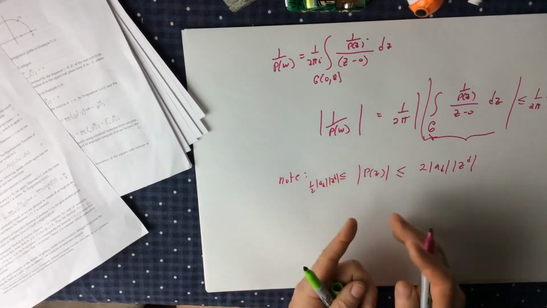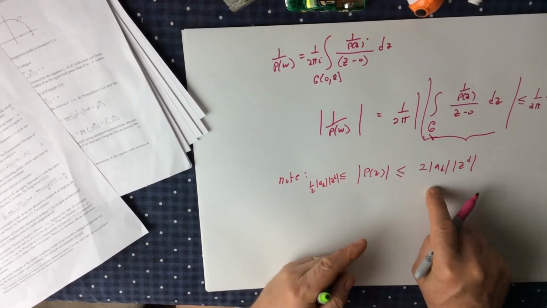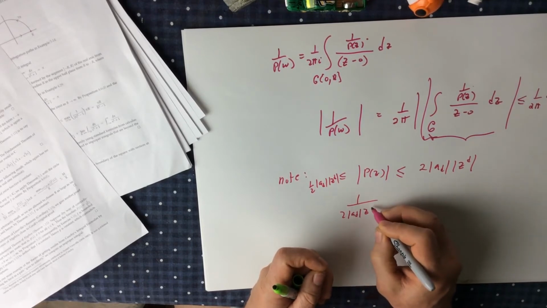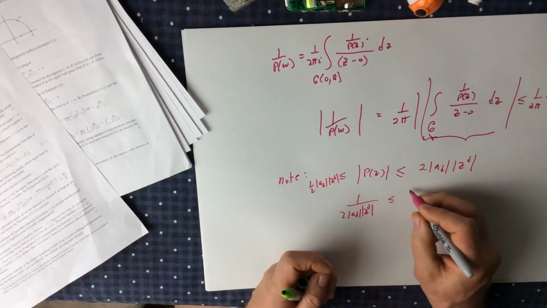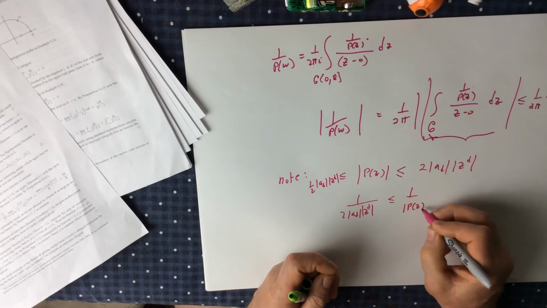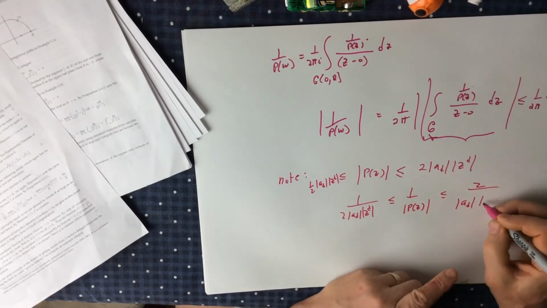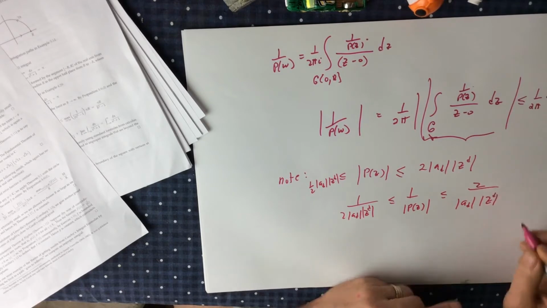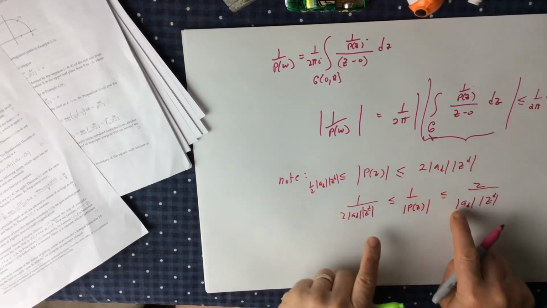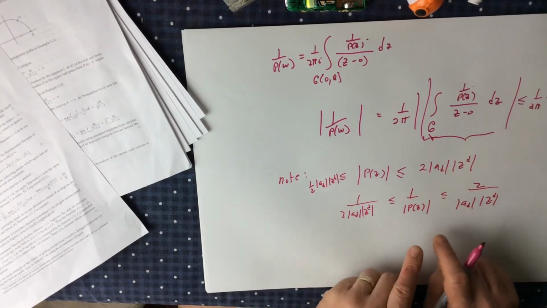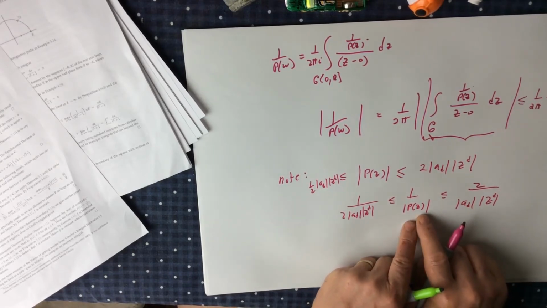So now we'll solve this for 1 over P of z. If we put this in there, we'll get 1 over 2a to the d, z to the d is less than 1 over P of z, which is less than 2 over a to the d, z to the d. So this is the same as this, and since they're positive, that's why the inequalities didn't reverse.